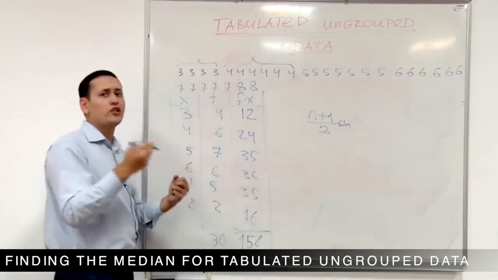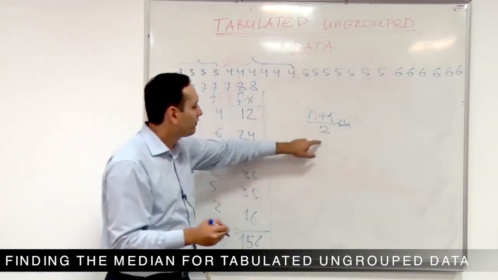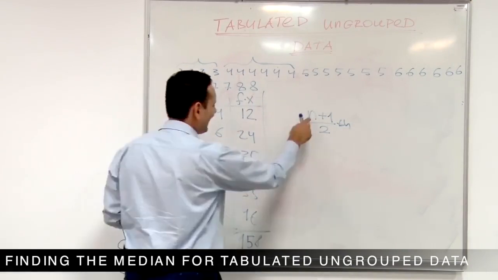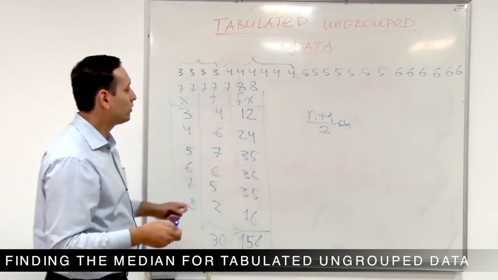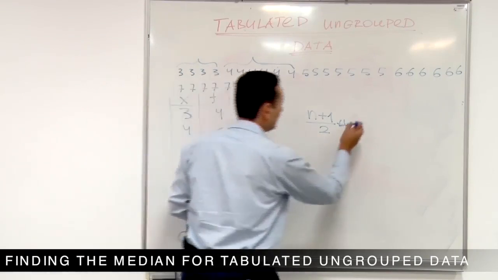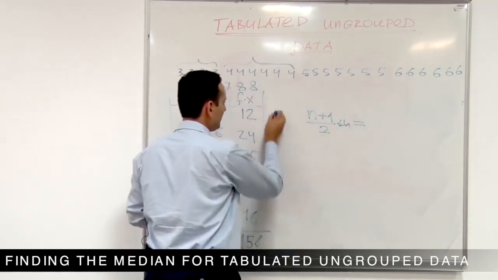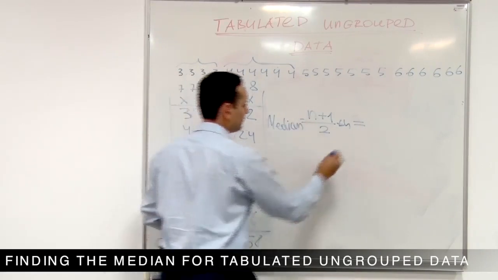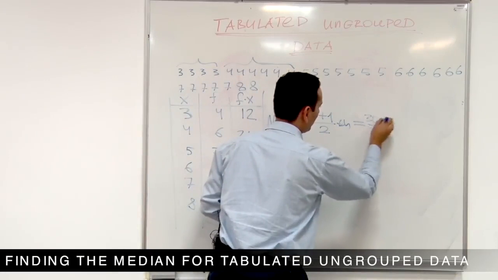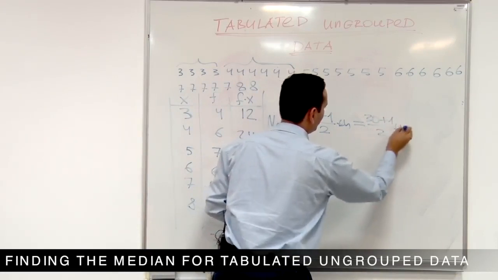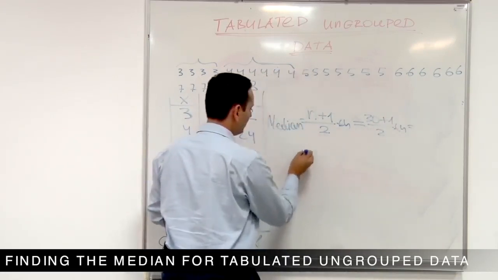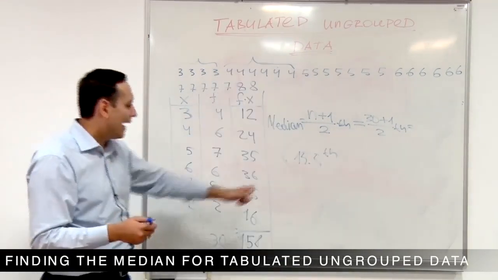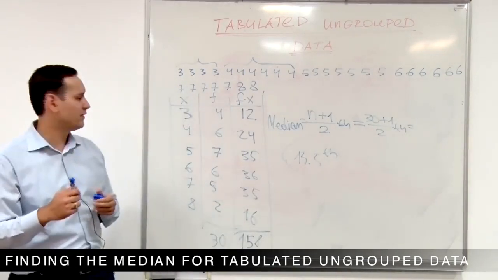So remember, we are not finding the actual value, but we are finding the order of this value. N, in our case, is equal to 30. Median: 30 plus 1 divided by 2, and that's going to be the 15.5 value. But how do we find this 15.5 value?